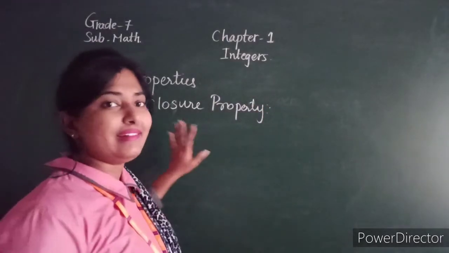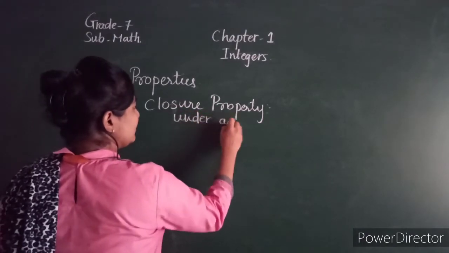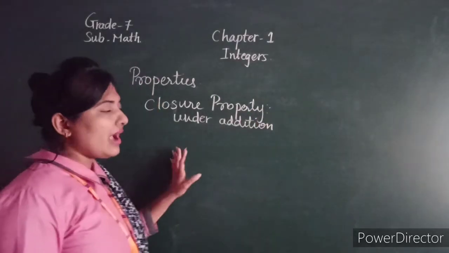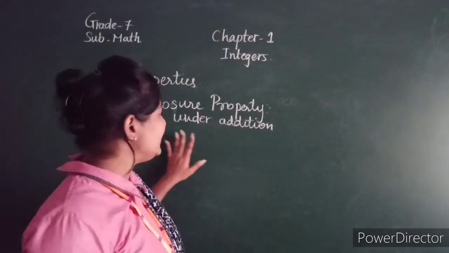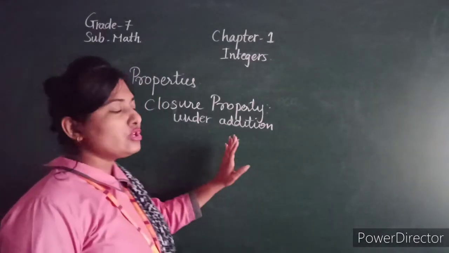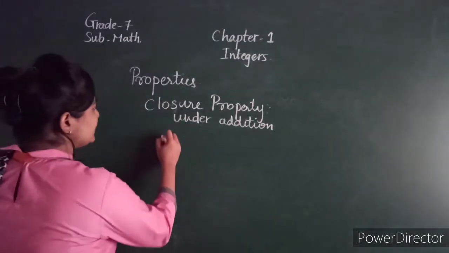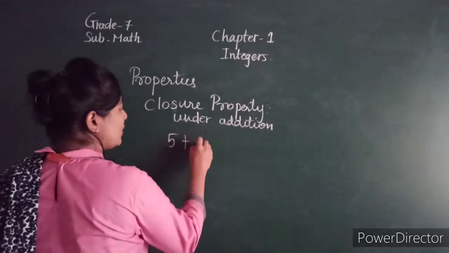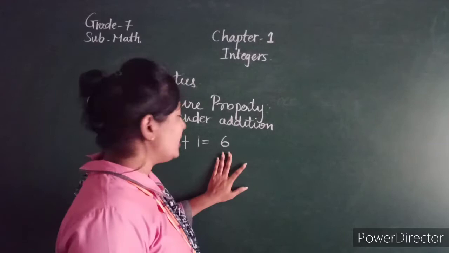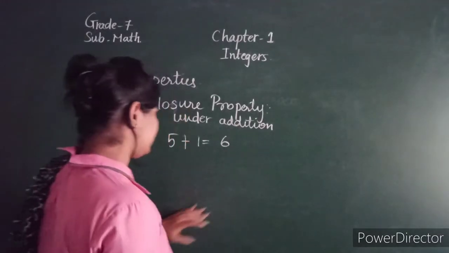Closure property under addition: if you add any two whole numbers, you will get a whole number. It means if you add 5 plus 1, you will get 6. Right? So this is an integer.